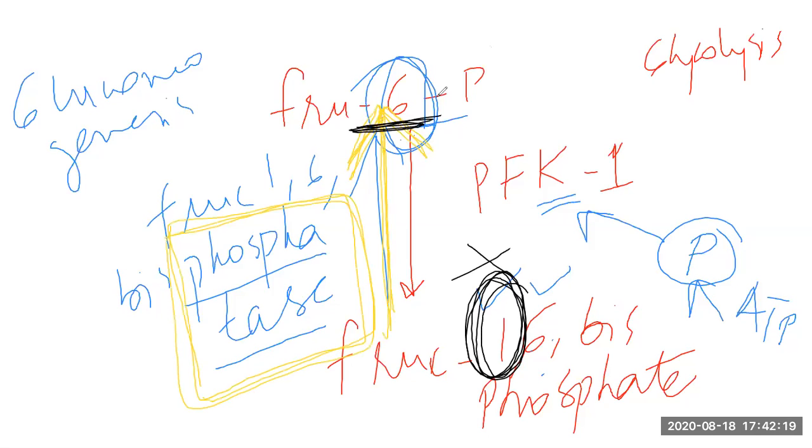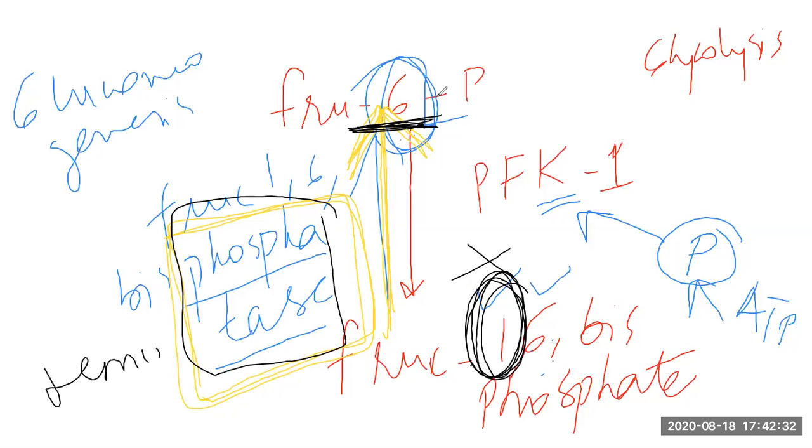Earlier you had phosphate at number 1 and number 6. So this enzyme phosphatase removes the phosphate group, and kinase adds a phosphate from a high energy molecule.